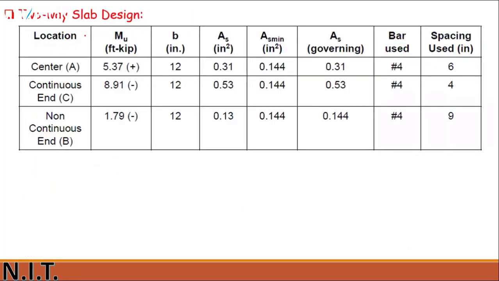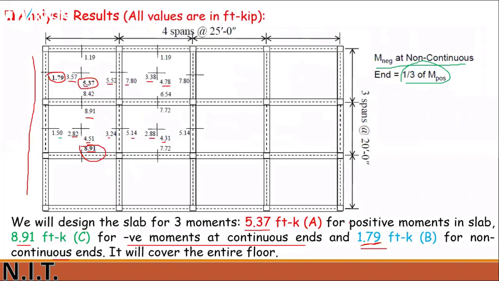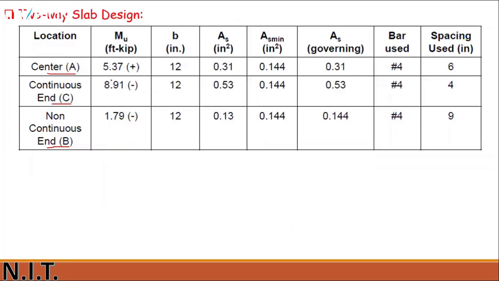Once you have calculated the moment, you have 3 moments: the value at the center, the value at the continuous end, and the value at the non-continuous end. This is the center value, 5.37. This is the continuous end value, and this is the non-continuous end value. Clear? These are the 3 values which I am going to use. At the center, Mu is 5.37, a positive value.